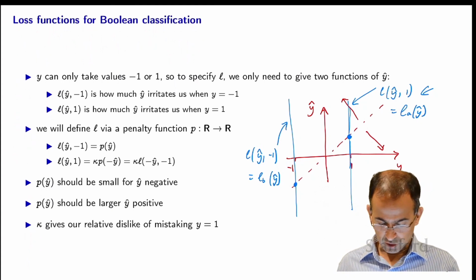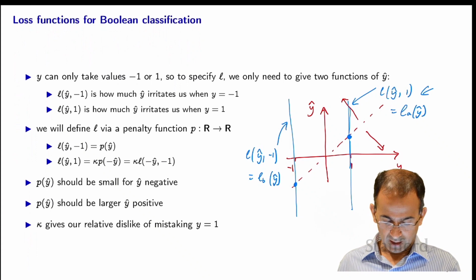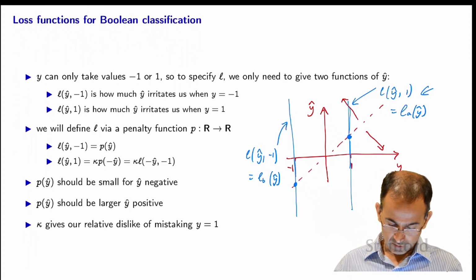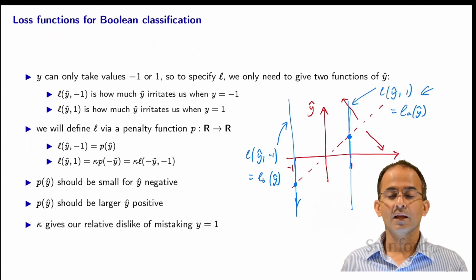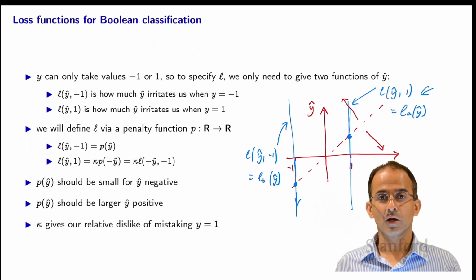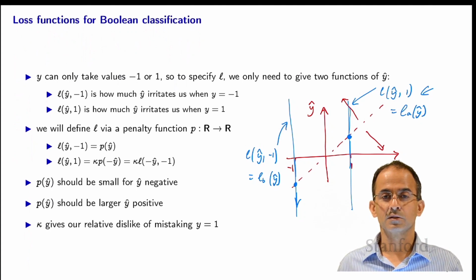And similarly, this function should be small at y hat is minus 1 and increasing away. That sounds reasonable based on our intuition for loss functions in two variables, but actually that's not quite what we want for Boolean classification.